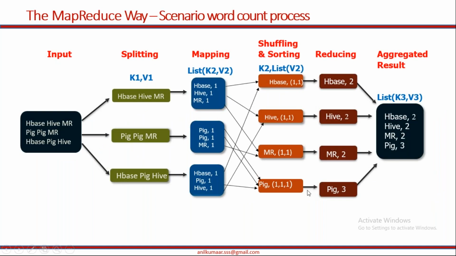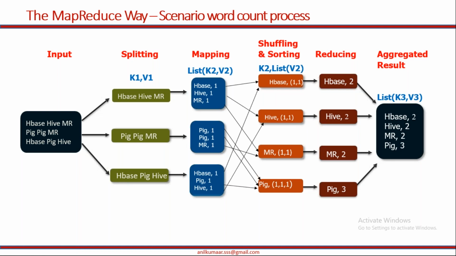Now, how this happens internally, we'll understand with a simple example: the word count process. Say you have certain sample data like HBase, Hive, MR, and you want to get a count of how many times HBase came, Hive came, MR came.